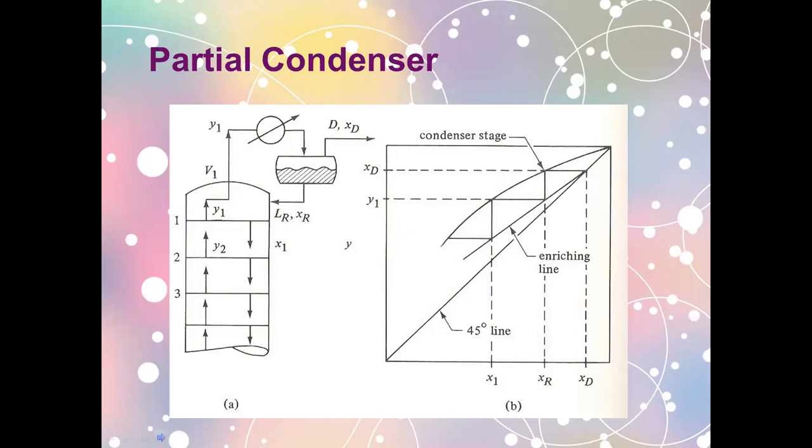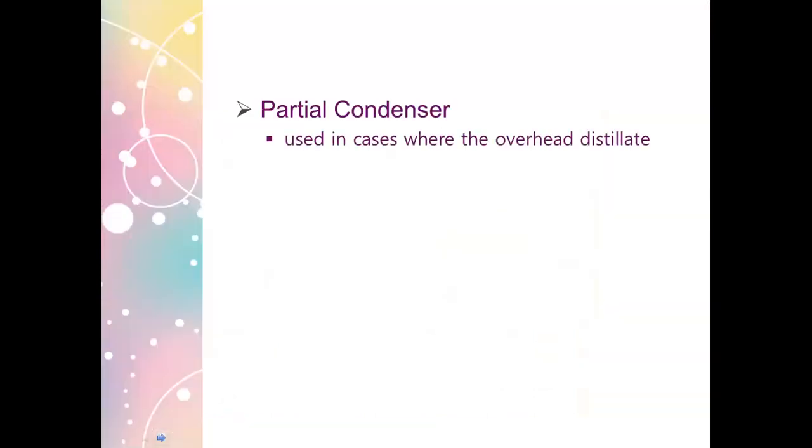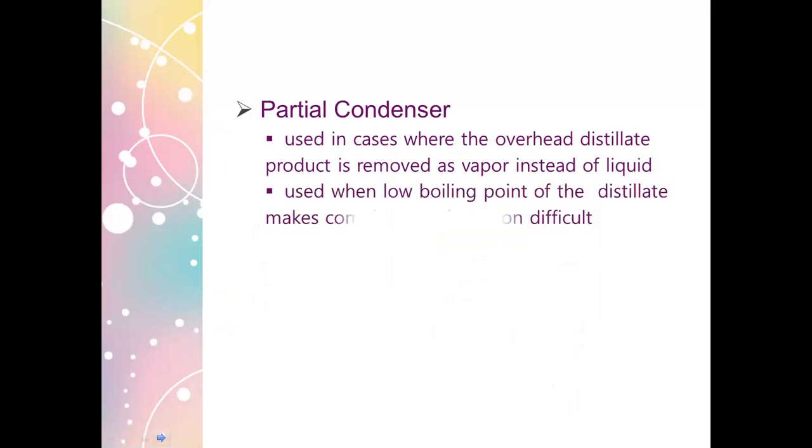Okay, but let us define what a partial condenser is and what it does. There are cases, class, wherein the vapor leaving the top plate of your column has a very low boiling point. In that case, it would be hard to convert 100% of that vapor into liquid. So the product in this case is vapor. The product is removed as vapor instead of liquid because of the difficulty of converting all of the vapor from the top plate to liquid.